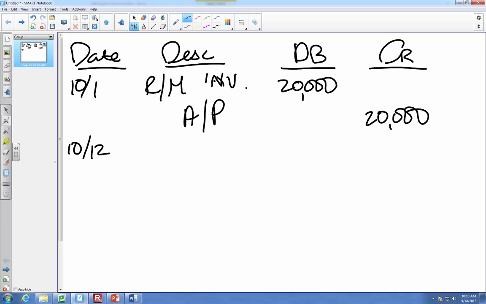And where does that $18,000 worth of materials come out of? It's all sitting in here, isn't it? In my current asset account.